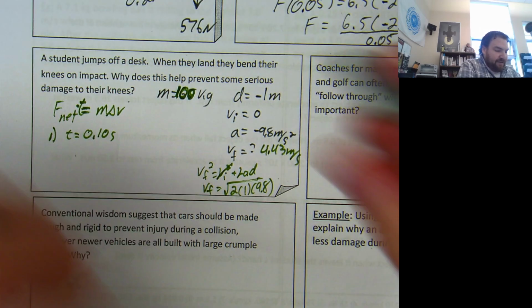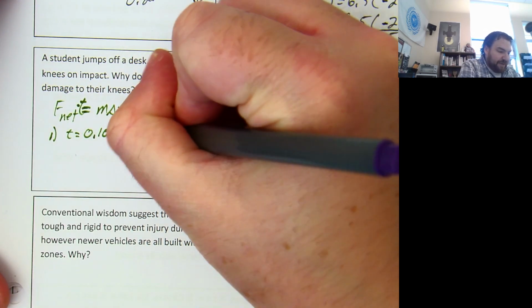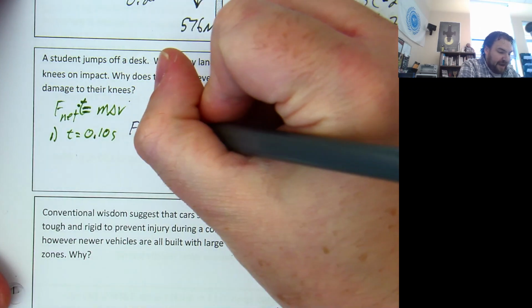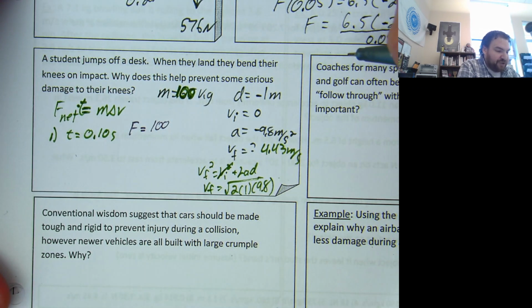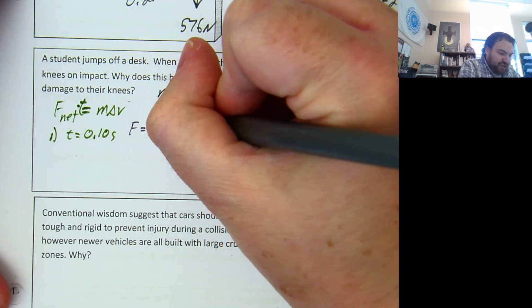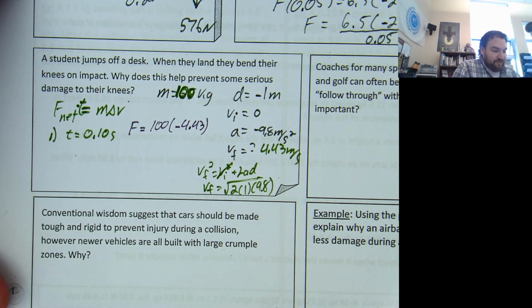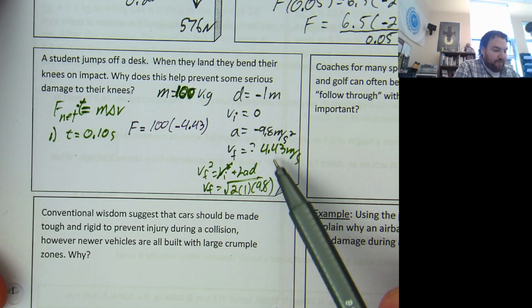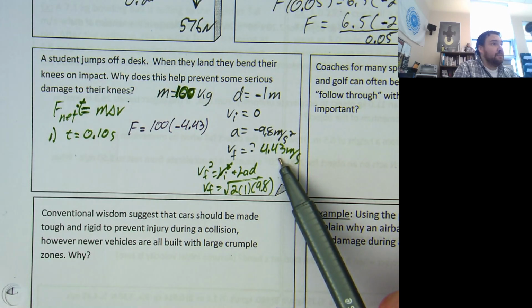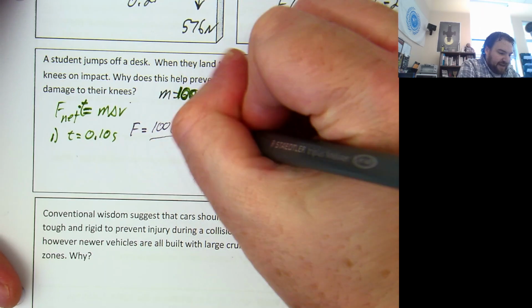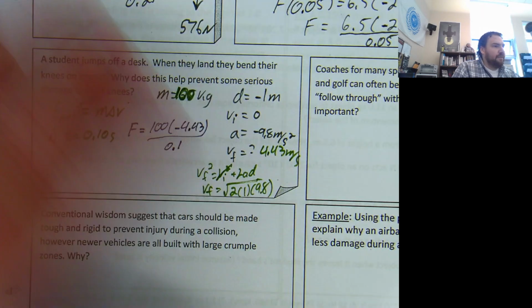Well, the force then is going to be, if I divide time over, the mass of the dropped person times the change in velocity, negative 4.43, because it was 4.43 down to 0, divided by 0.1.